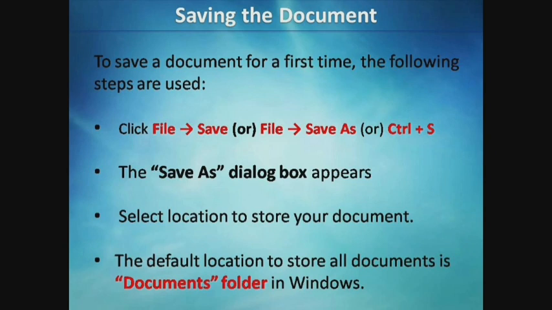Location means it may be any directory or any drive. After selecting the location, then we will give the file name. The default location to store all the documents is documents folder in Windows. So this is the default folder to store all our documents.